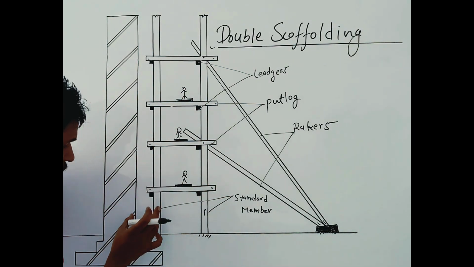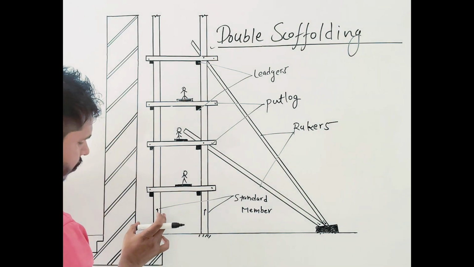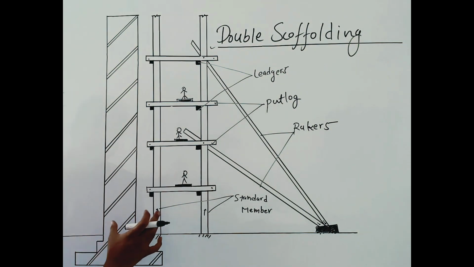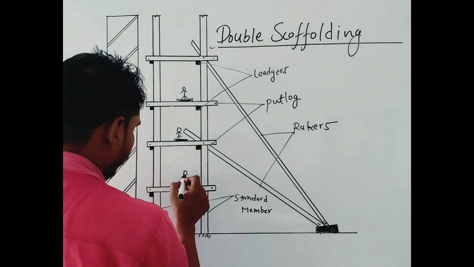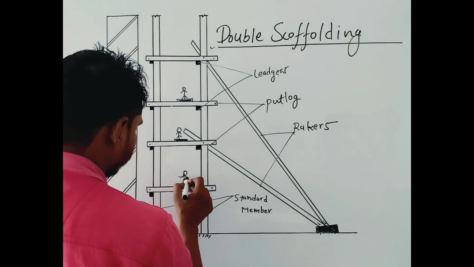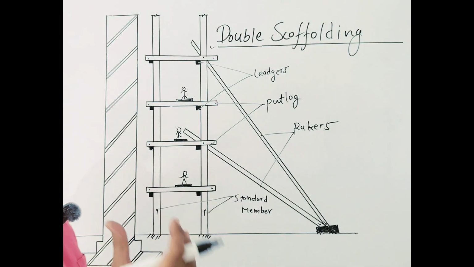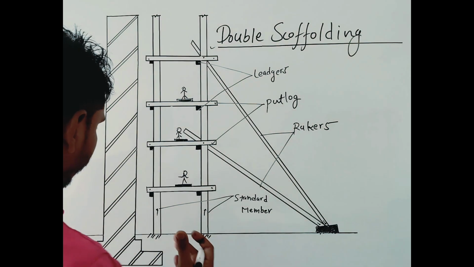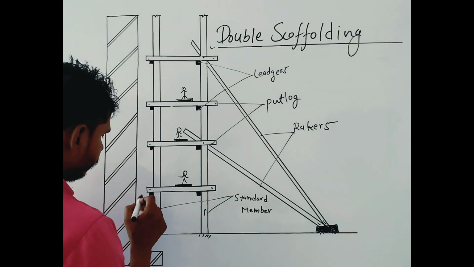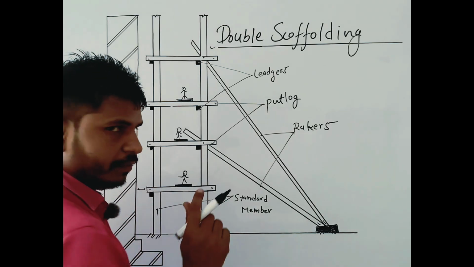The distance between the wall and the wall-side standard should not be more than the workman's hands reach, and the height should be not less than 150 mm.